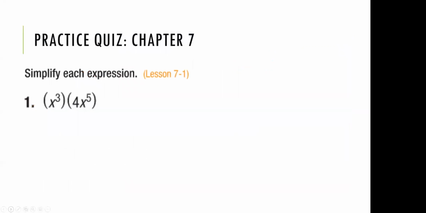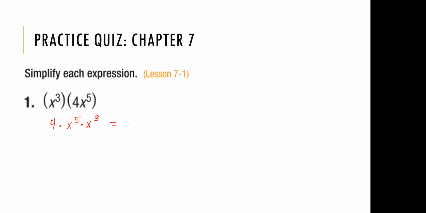All right, let's look at a problem. It says to simplify each expression. We've got x to the 3rd times 4 times x to the 5th. So I need to multiply. We could rewrite this as 4 times x to the 5th times x to the 3rd.